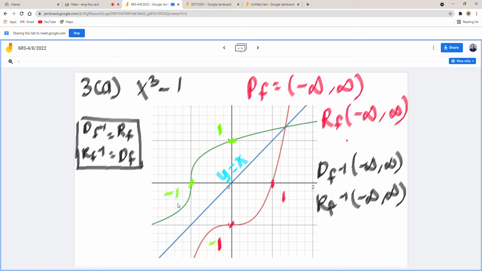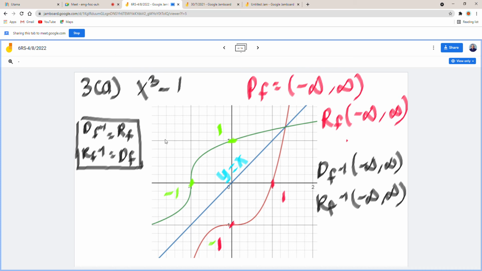You all understand it, guys? To repeat just one more time. Okay, so x cube minus 1, the red color graph. And after that, they asked to find the inverse.